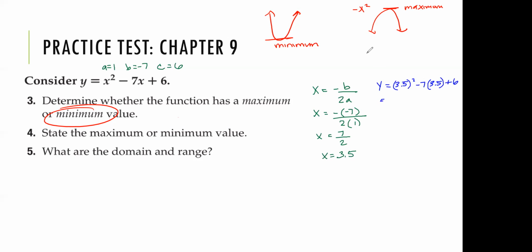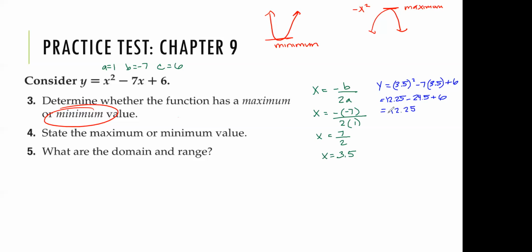So 3.5 squared is 12 and 25 hundredths minus 7 times 3.5, which is 24.5 plus 6.